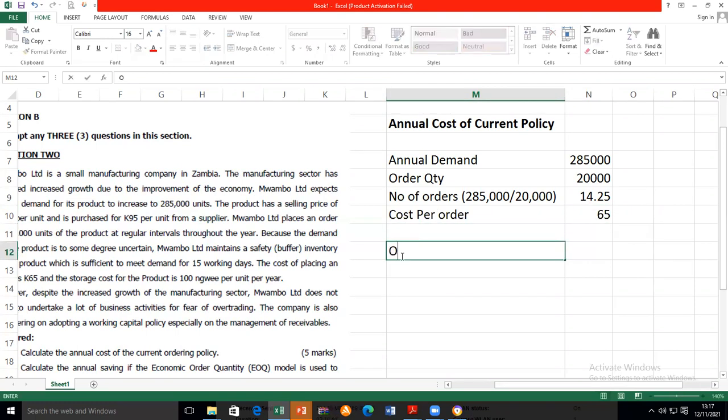Okay, so total ordering cost equals 14.25 times 65.